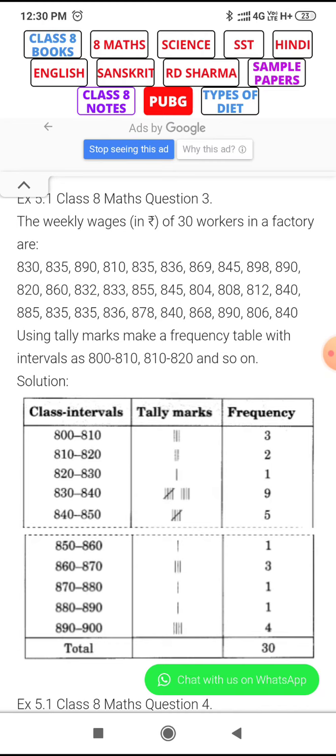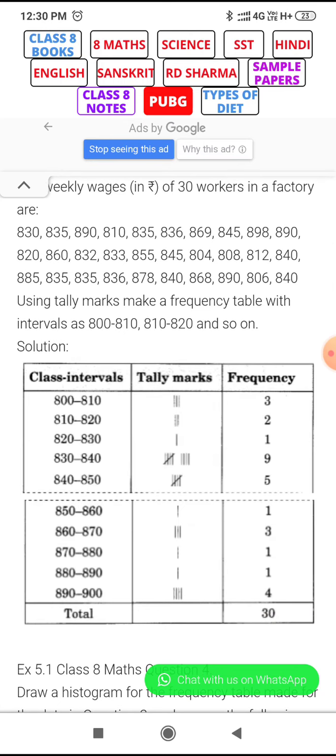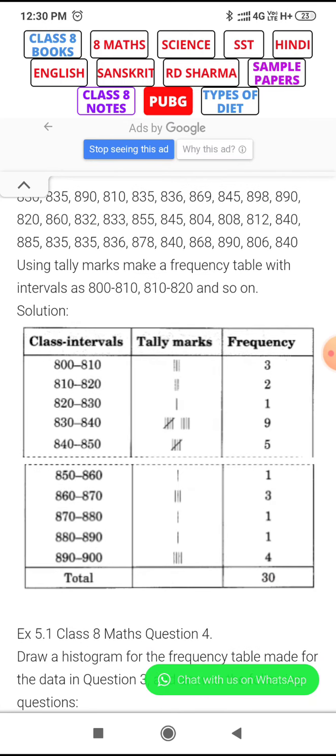First we make a table like this. The first column is class interval, the second column is tally marks, and the third column is frequency. Then we make class intervals as 800 to 810, 810 to 820 and so on up to 900.